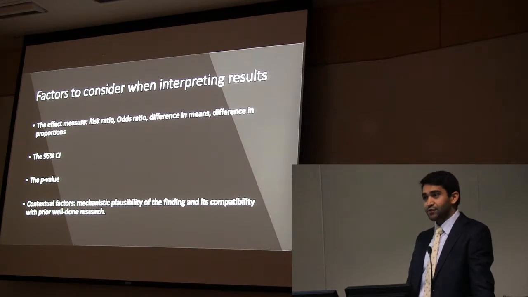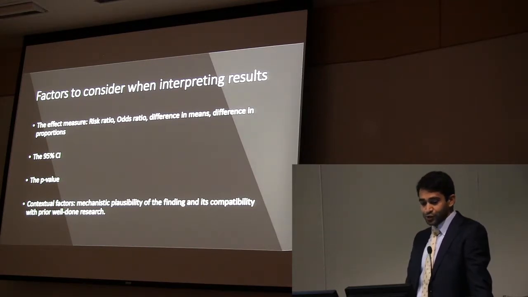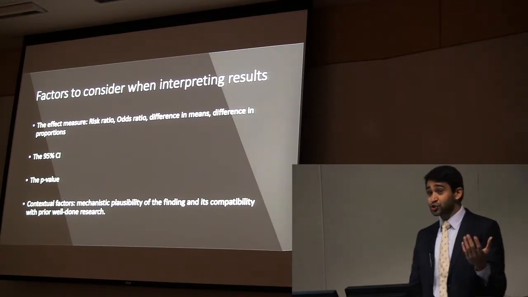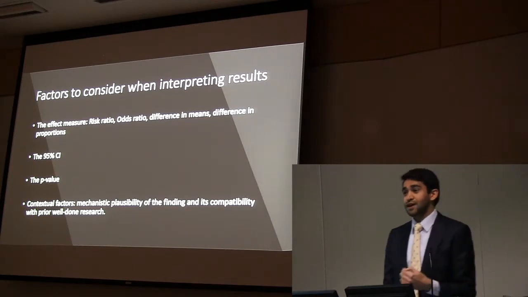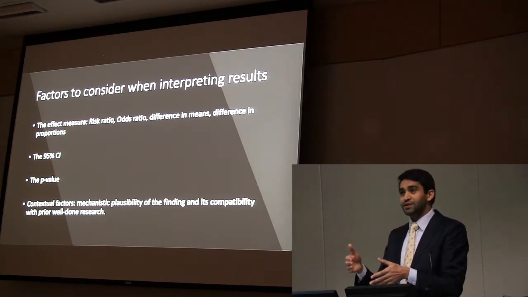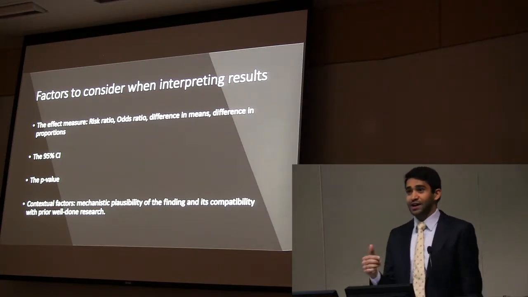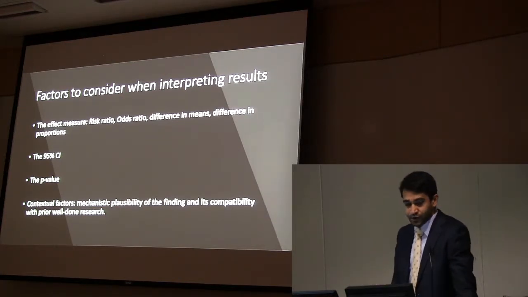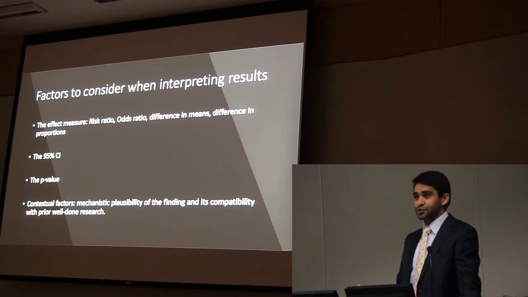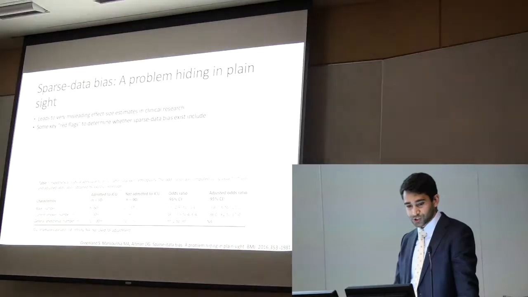Use the 95% confidence interval. Use the p-value. There are journals like the Journal of Hand Surgery that advocate, in the table, if the p-value is less than 0.05, to just report it as such. I would advocate publishing the actual p-value. And use contextual factors too, like what is the mechanistic probability of the finding actually being true, and is it compatible with prior well-done research?